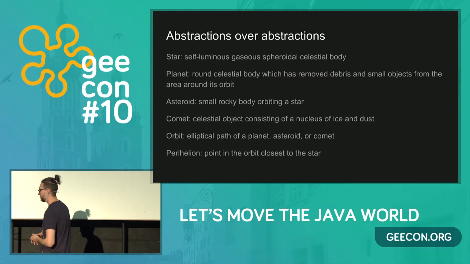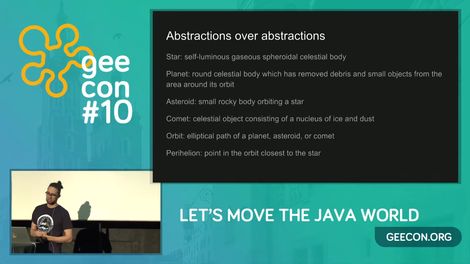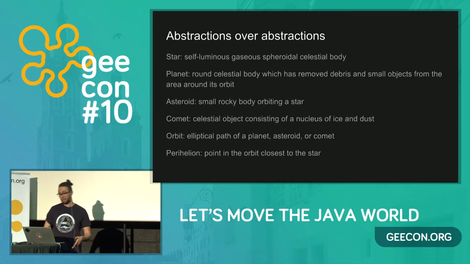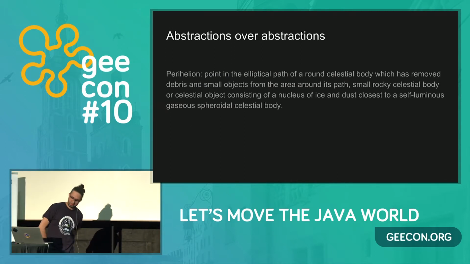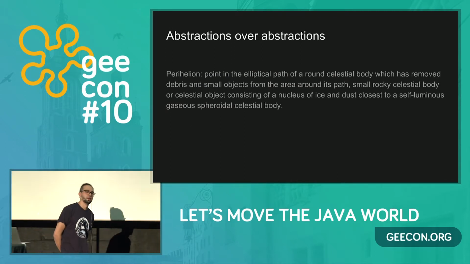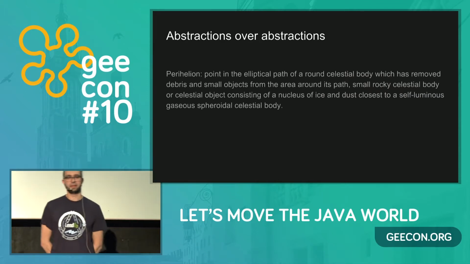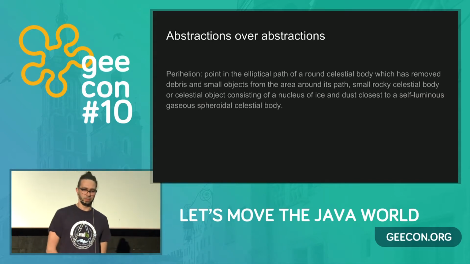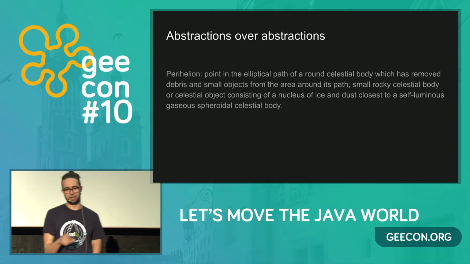But if we were to inline all these definitions so that perihelion is expressed in only low-level terms, we would have this sentence, and I'm going to read it. Perihelion is the point in the elliptical path of a round celestial body which has removed debris and small objects from the area around this path. This is the constraint that actually makes Pluto not be considered a planet.